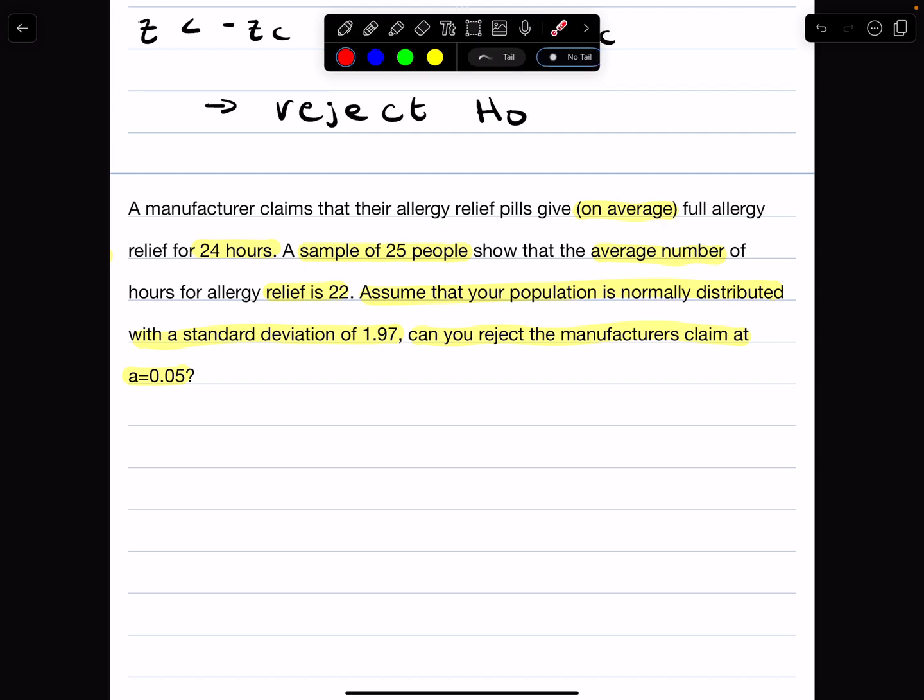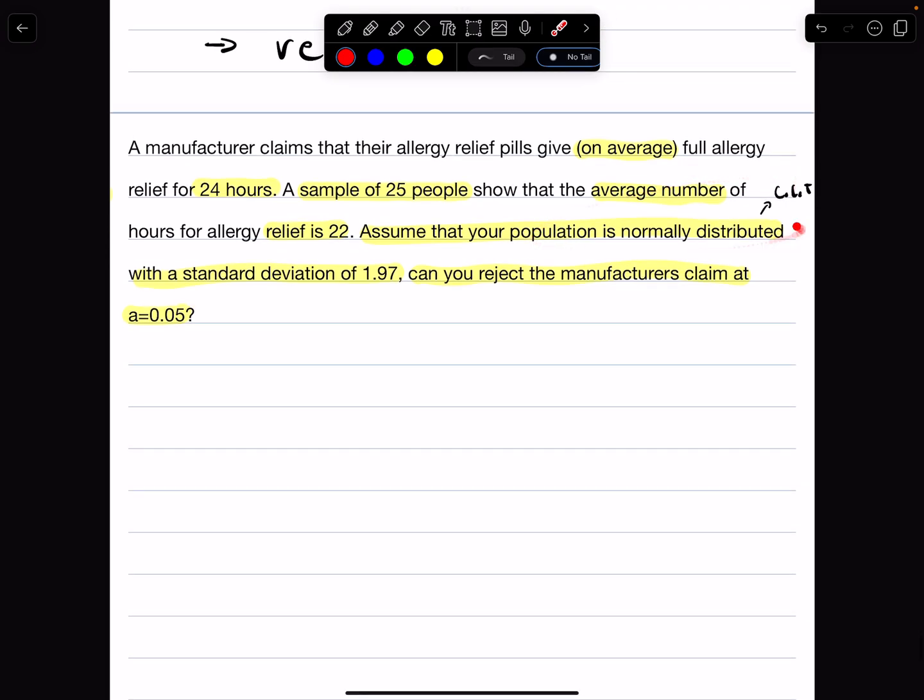Now, right here, assume your population is normally distributed. Okay, that means we can assume we're working with a normal distribution. Again, that's the CLT. We're kind of using that in the background here. If our sample was bigger than 30, then we wouldn't need to use that. But either way, we're just assuming that this is the case for most of our questions because this has to be the case, or else we don't know what to do.